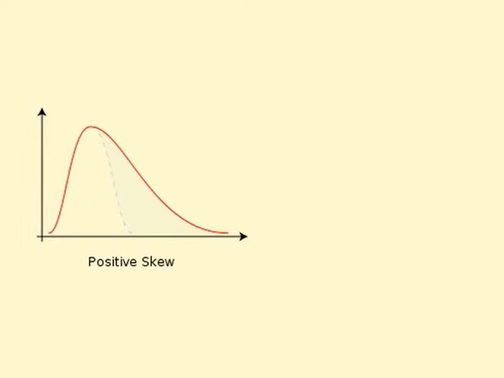In positive skewness, the right side tail of the graph is longer and the majority of the mass of the data lies on the left side of the graph, and the mean is higher than the median, whereas in normal distribution mean, median and mode are all equal. This distribution, where the majority of the results are on the left side, is called skewed to the right, whereby the right side tail is longer.